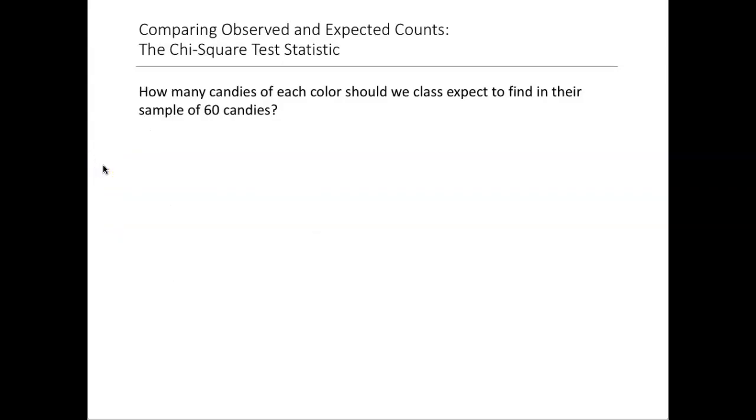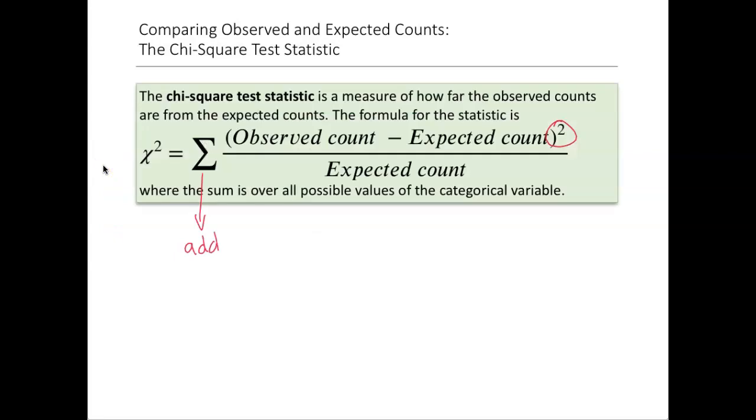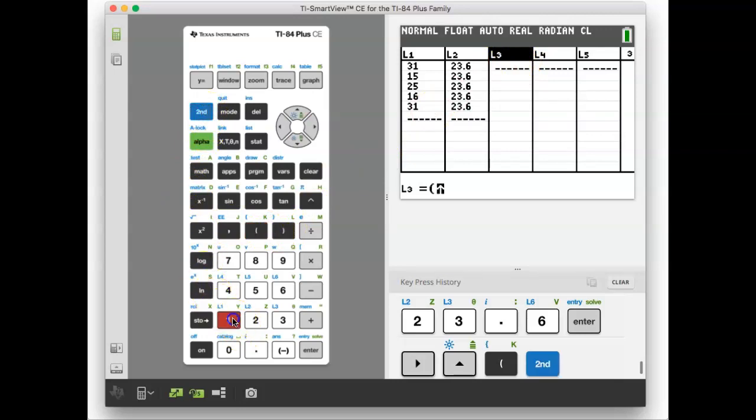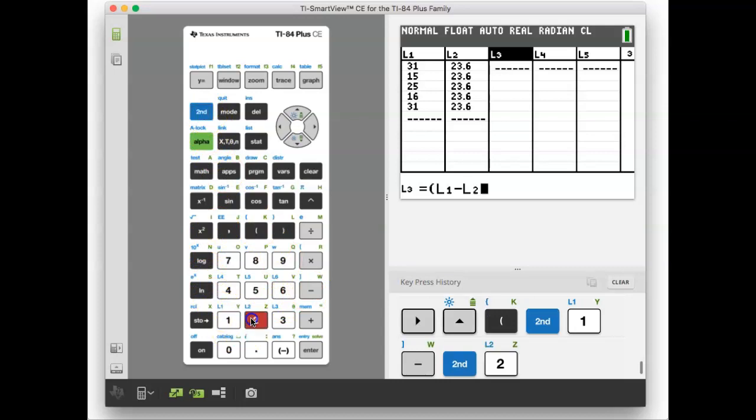So I'm basically going to tell list 3 to do just this part of the formula, the observed minus expected, squared, divided by expected. All right? So we're going to highlight list 3. We're going to open parentheses. We're going to go list 1, which is observed counts, minus list 2, which is expected counts. Close our parentheses. We'll go ahead and square that.